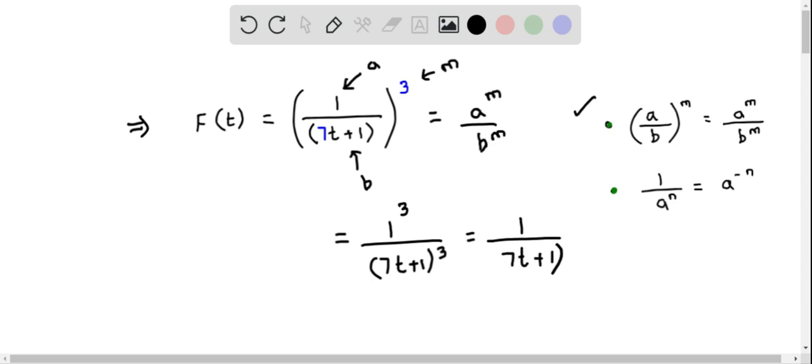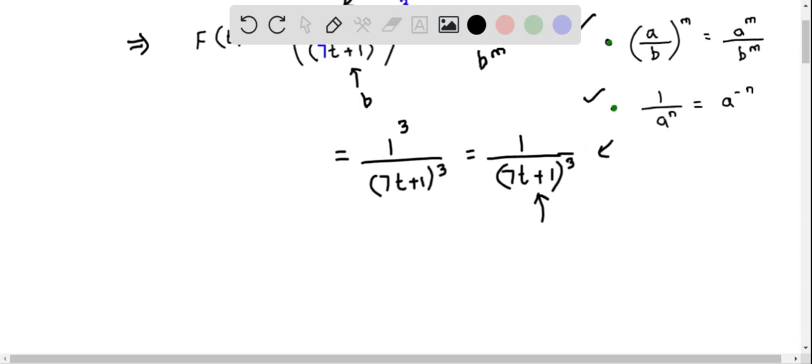(7t plus 1) cubed. Now I'm going to use another exponent law, which says that 1 over a raised to the power of n equals a raised to the power of negative n. So here I have a similar form: if I consider the expression 7t plus 1 as a, and I can consider n as positive 3, then I can write this as a, which is 7t plus 1, raised to the power of negative n, that is negative 3.